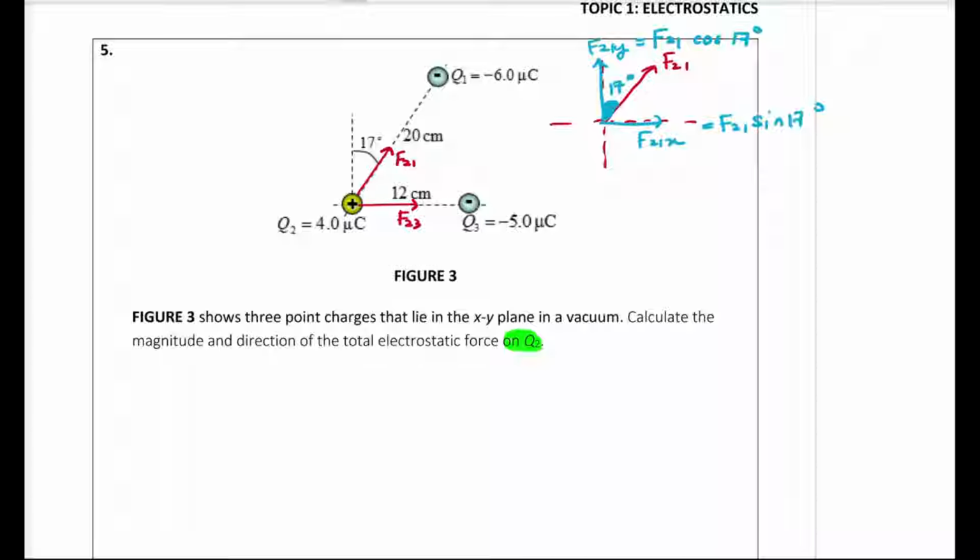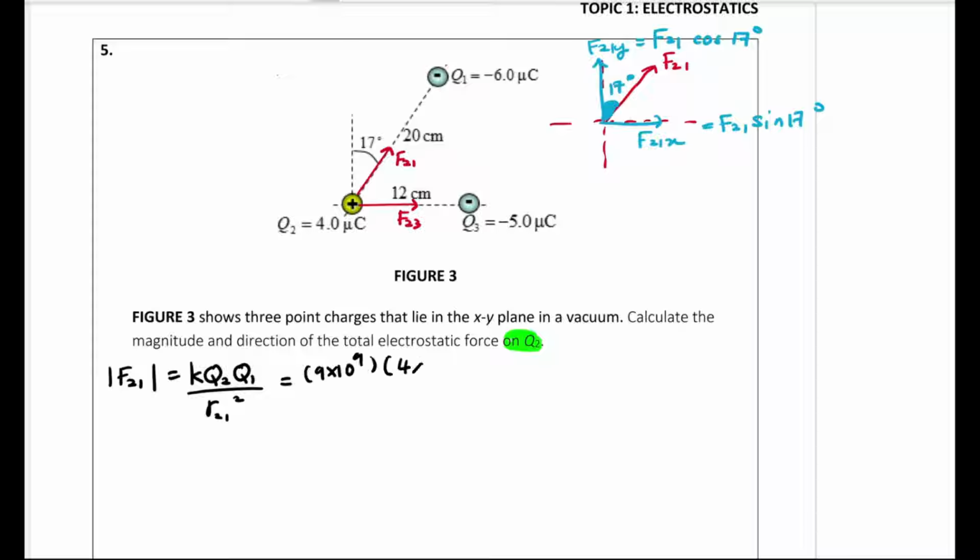To make it easier, I advise we calculate first the resultant force, what our value is, the force on 2 due to 1 first. We calculate this one first. So the distance between charge 2 and charge 1 is 20 cm. Then you can substitute.